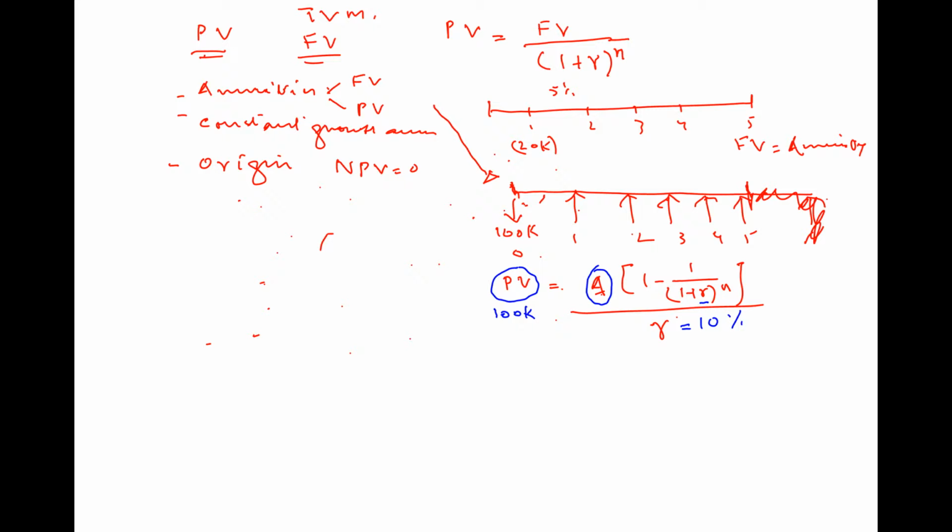Now we should move towards a bit more complicated problems. For example, I'm given the cash flows of an investment project or a stock, the pattern of the cash flows, and I'm asked to price that asset or value that asset or find the worth of that asset at the present point in time. I'm given that at time 0, this is the asset. At time 1, the asset is giving me 2.